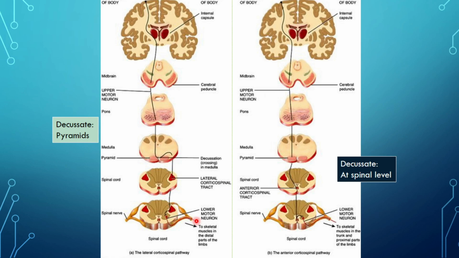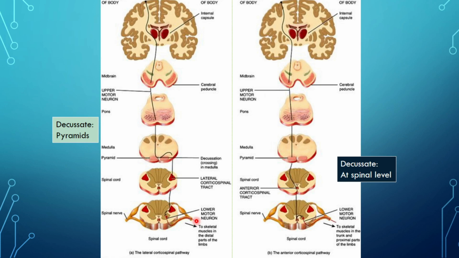So how many neurons were in the pathway? There are two, an upper motor neuron and a lower motor neuron. How many synapses? There is one. The synapse happens at the level at which the particular spinal nerve that is going to control the muscle or the movement occurs. Where do the neurons cross?